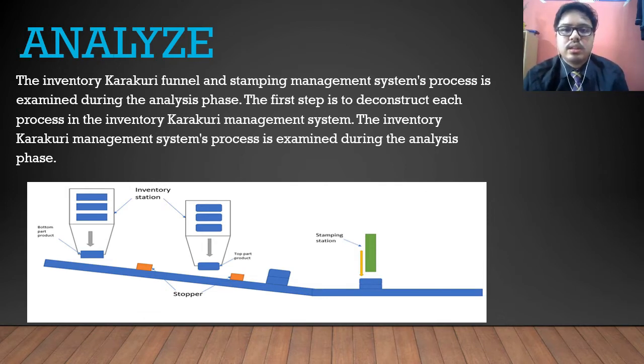From the illustration, the bottom and top parts flow from the inventory station to the funnel. Then both parts flow on the assembly line to the next station, the stamping station. At those stations, the stamp will stamp the product so both parts will attach properly.